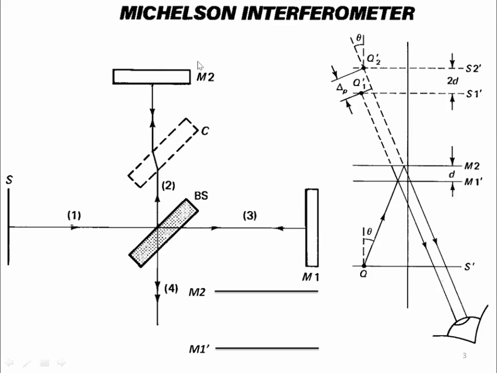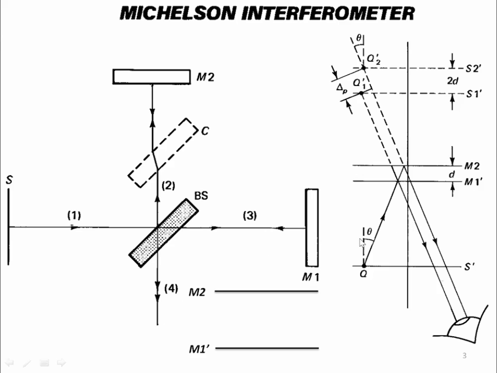So suppose this mirror M2 can move in this direction, the vertical direction. By changing the position of this mirror, what we can play with is this small d, the distance between these two mirrors. If we move this further, d will increase. If we move this closer, d will decrease.